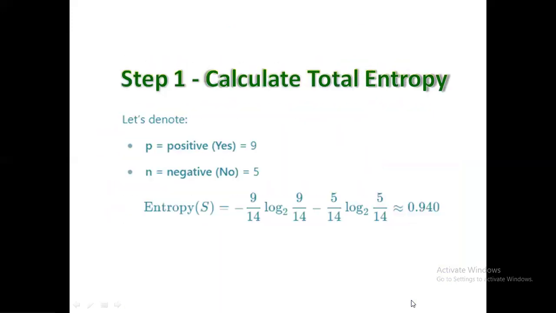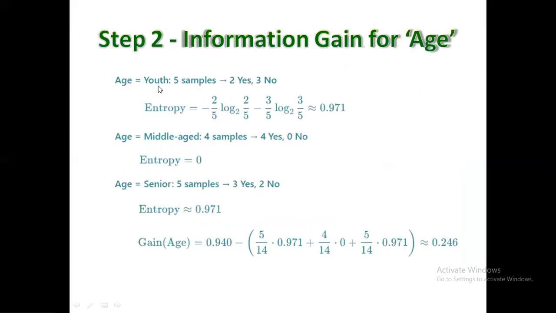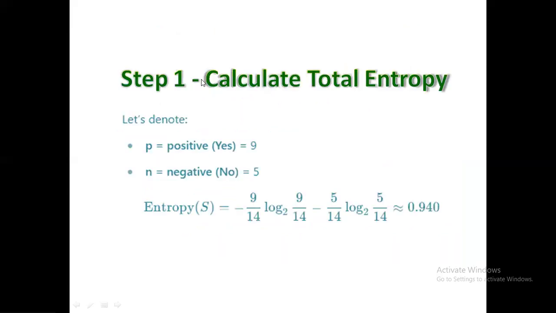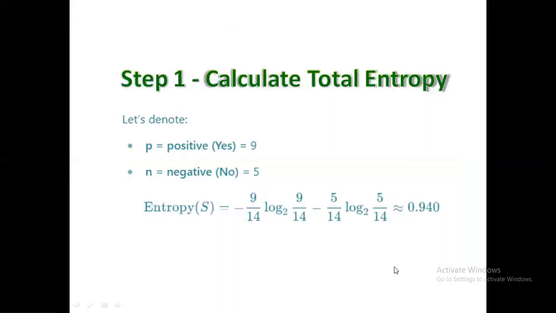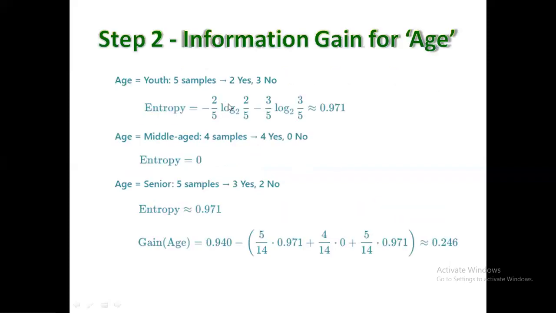The class labels are yes or no. For youth, there are 5 samples, 1, 2, 3, 4, 5. Among these, 3 are no and the other 2 are yes.